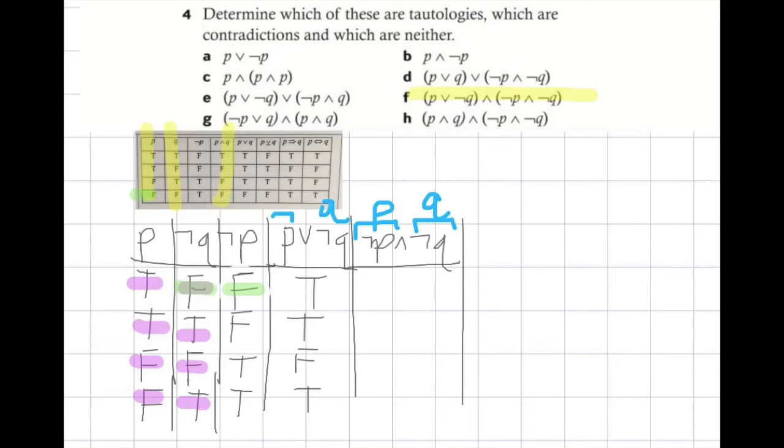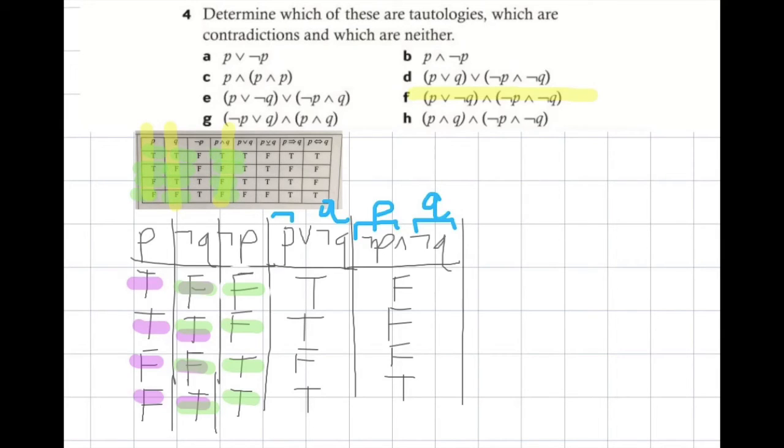So false, false is false. Next one, remember this not P is first. False, true is false. Not P, true, not Q, false. So true, false is false. And finally, true, true is true.